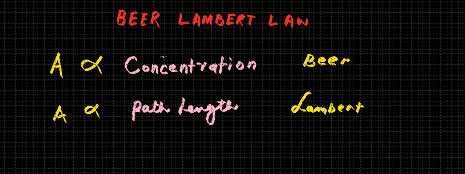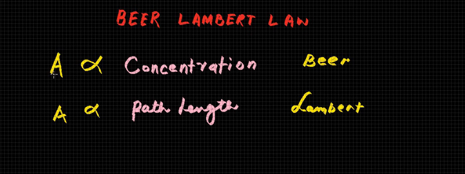Dear students, in this short tutorial we will talk about Lambert Law, which is the foundation of spectroscopic studies, especially when we are talking about absorption spectroscopy like UV visible spectroscopy.